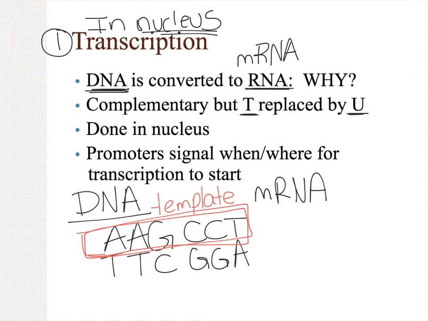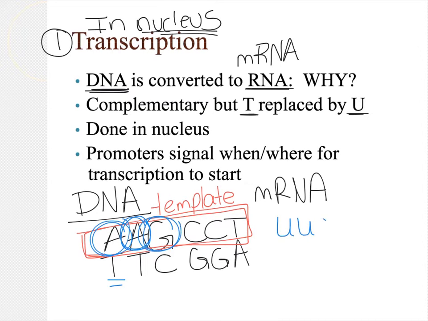So what it does then is it says, okay, I've got an A right here. My messenger RNA is going to have a U, not a T, because messenger RNA does not have T. It's going to look at this one and say, okay, I've got an A, so I need another U over here. So it's providing my template.